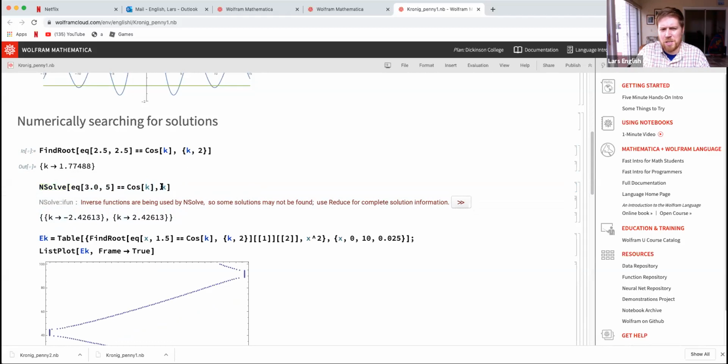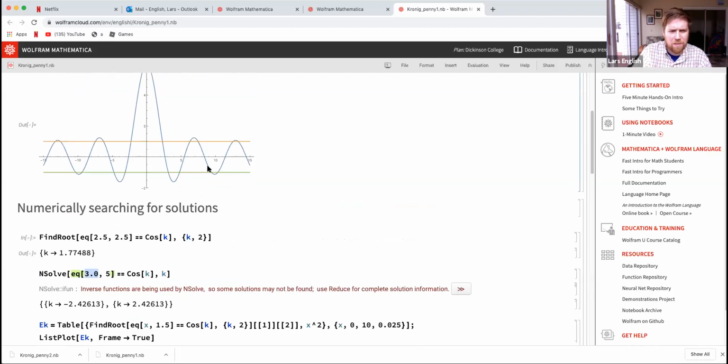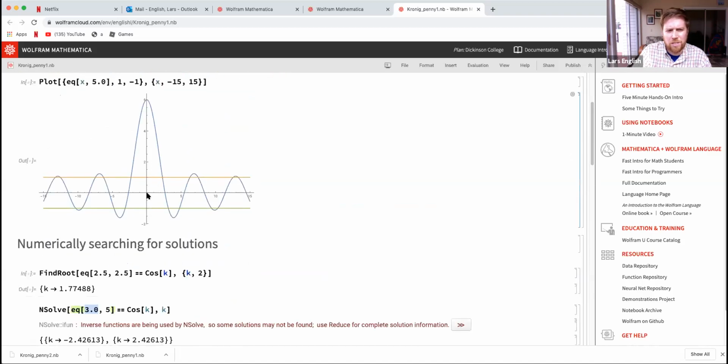So the unknown is k, and you want to find a k such that this equation is satisfied here. And here I'm setting p to 5 and x to 3.0. So if you go up here, this is the graph corresponding to p equal to 5, and x is 3 in this case.